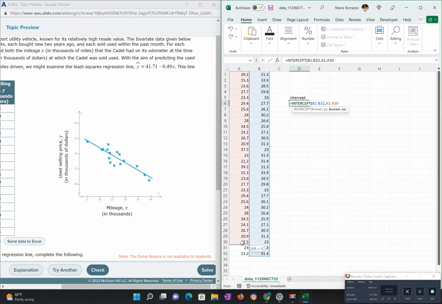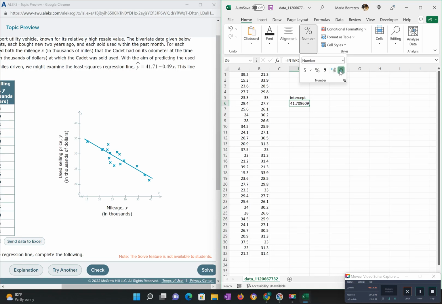Here are your known x's. See how that's 4171? And if I shrink it, I'll make it even more apparent for you. There you go, 4171. There's your intercept.